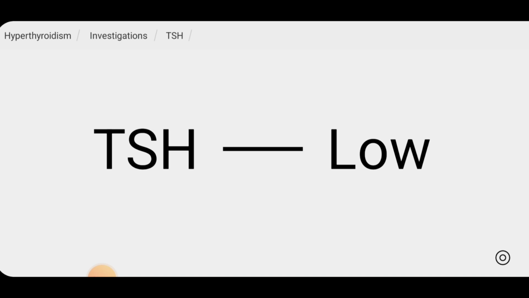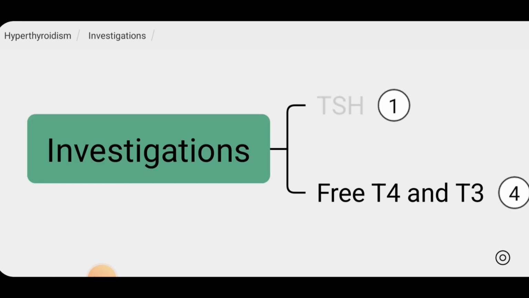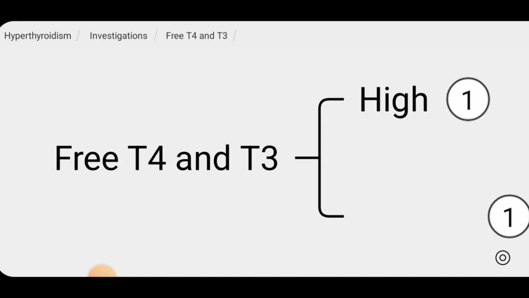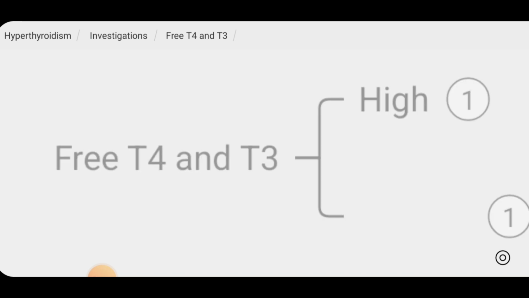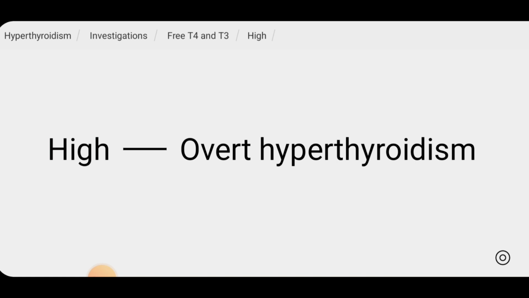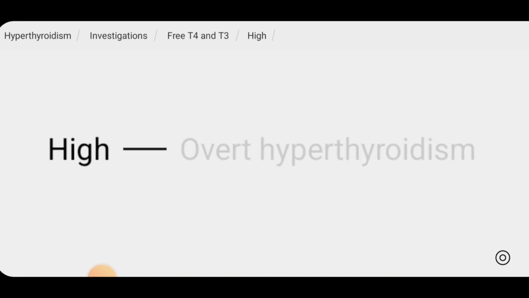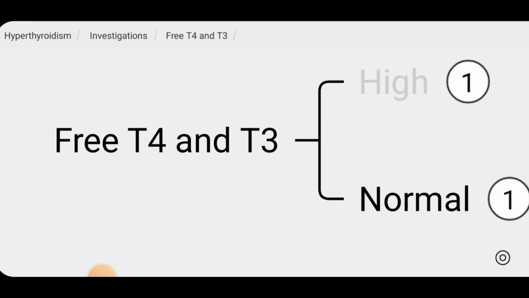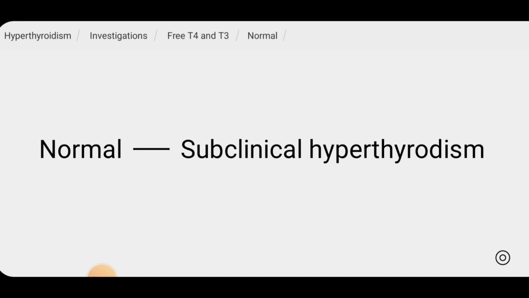And also we can do free T4 and T3 after doing TSH. If free T4 and T3 are high, that means the patient is having overt hyperthyroidism. If the free T4 and T3 are normal, that means the patient is having subclinical hyperthyroidism.